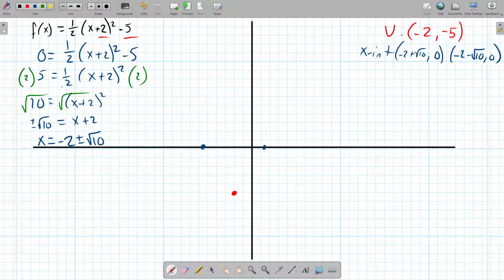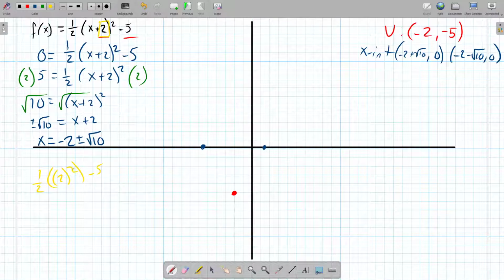To find the y-intercept, we are looking at taking the last term in the binomial and squaring it. So 2 squared. And then I want to multiply the coefficient in front of the binomial by this answer, and then add my constant term on the outside. And like I said in the last example, you are free to FOIL and expand this out completely.